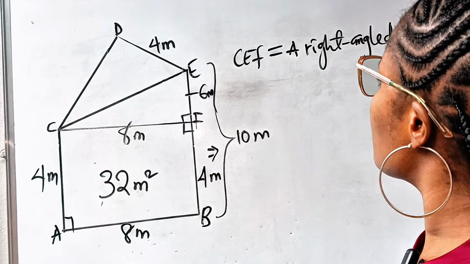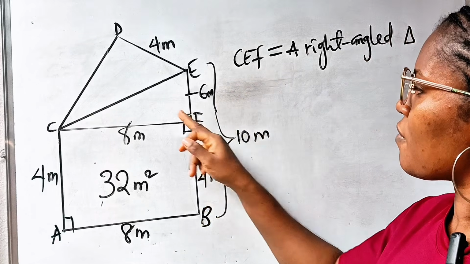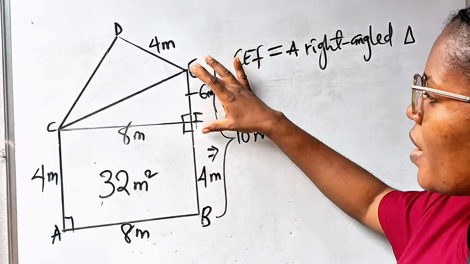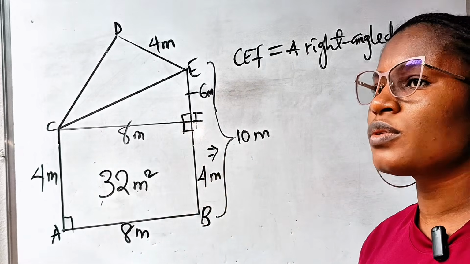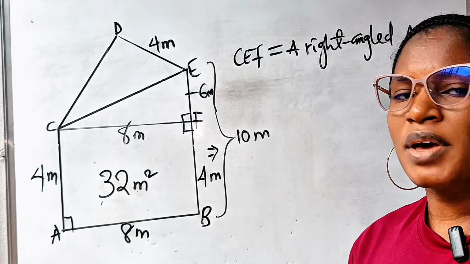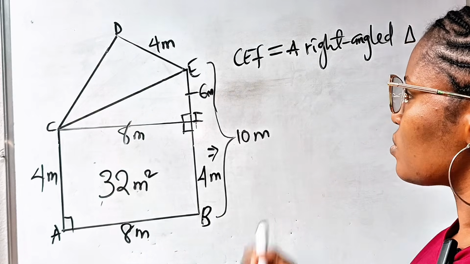Because CEF is a right angle triangle, to find the area of the triangle, we use the formula base times height divided by 2.